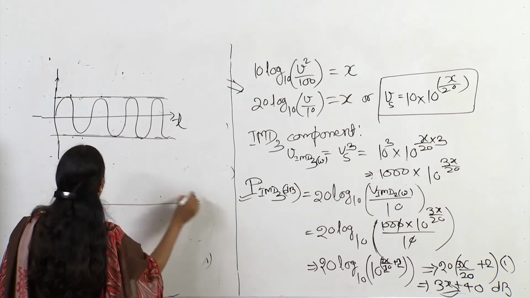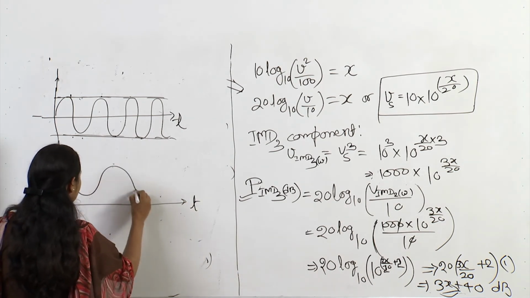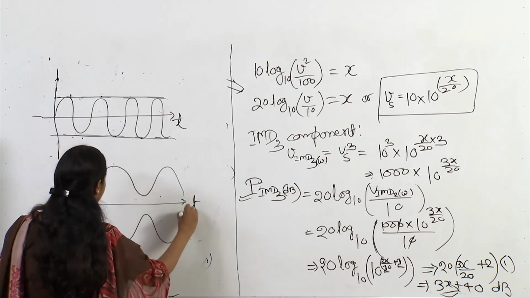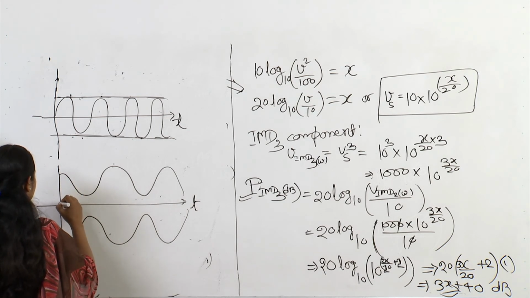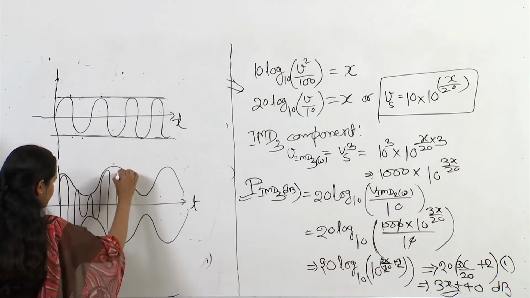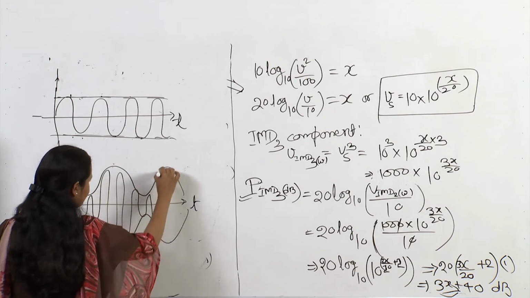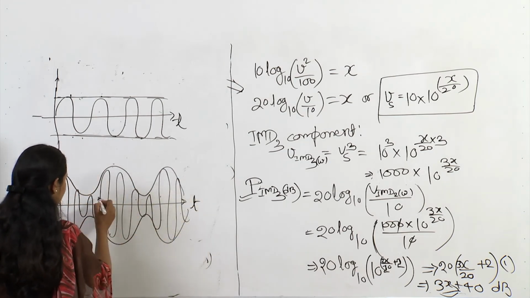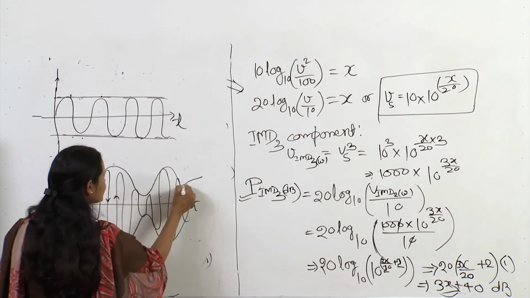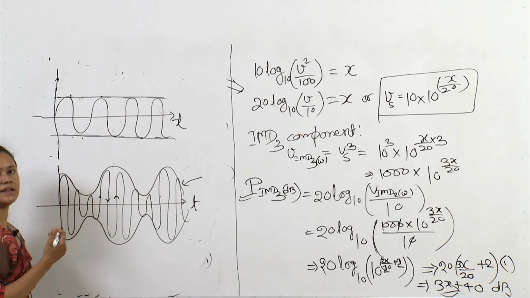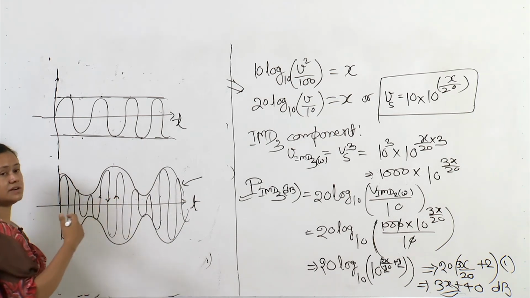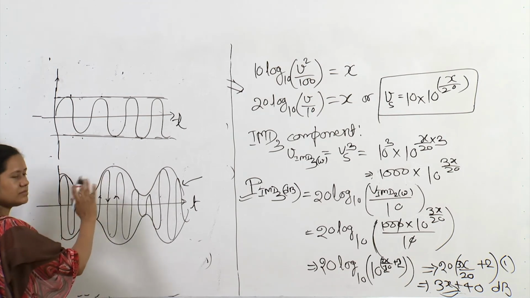In a two tone signal, your envelope becomes something like that. So, your original signal is like this, the signal which I am plotting here, and the envelope is varying like this. This kind of signal is called a varying envelope signal, and with two tones it is like this; with multi-tone it becomes even more distorted.